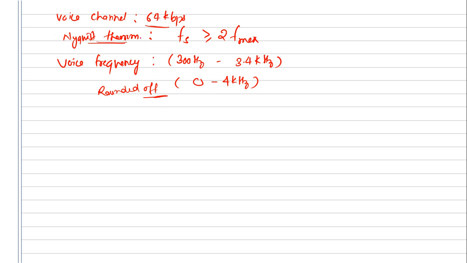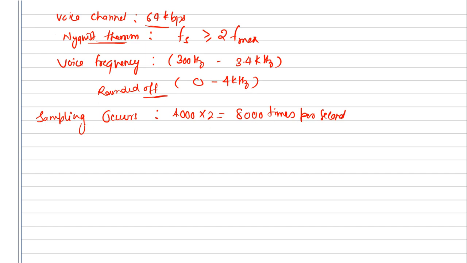It should be twice the maximum frequency if we are going to sample this. So the maximum is 4 kilohertz, which we can write as 4000 hertz. Twice that, 4000 into 2, is 8000 times per second.